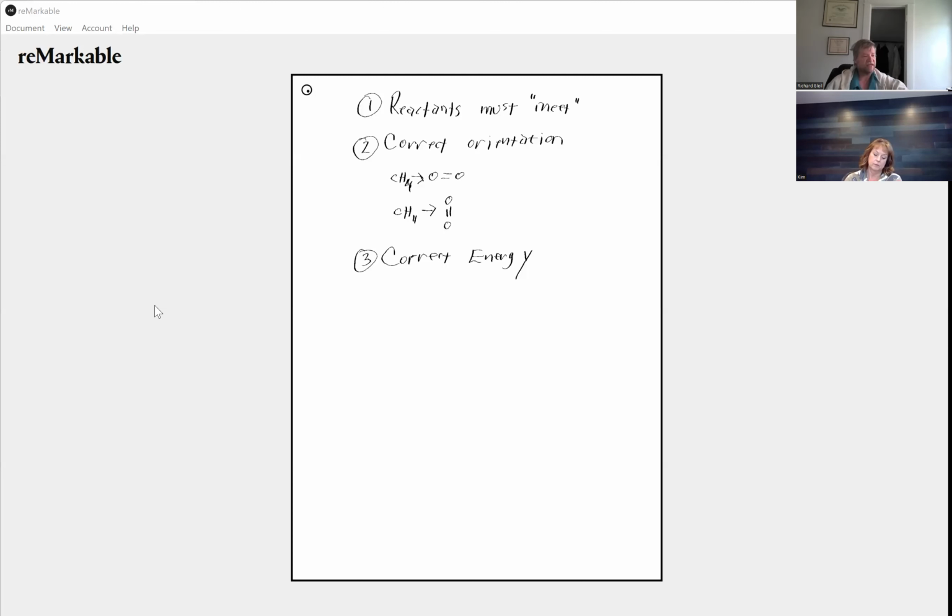What we're talking about here is a reaction mechanism. So we're not going to go a lot into these. But a reaction mechanism is a proposal of the individual elementary steps for a reaction to occur, and they will add up to the overall reaction.